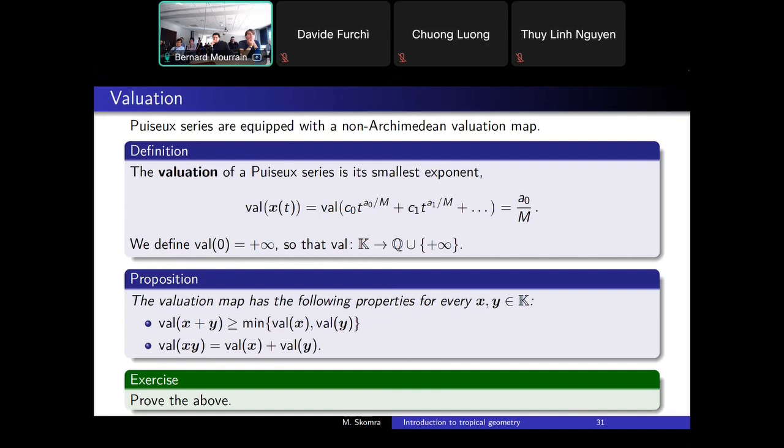But there is a catch: if I add a series that starts with t to the power 2, and I add a series starting with minus t to the power 2, then what happens when I add them together? Well, maybe the leading term cancels, and I get a series of strictly larger valuation. Right? So this is just an inequality, and it can be strict if it so happens that the leading terms cancel. But that's the only case where it's strict.